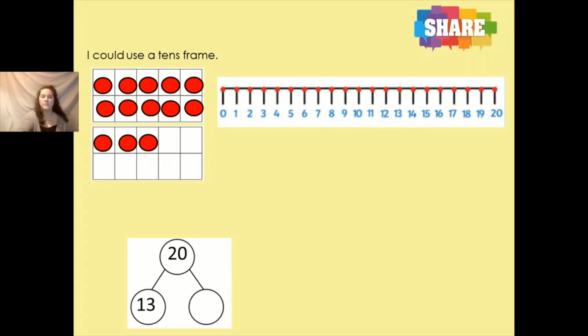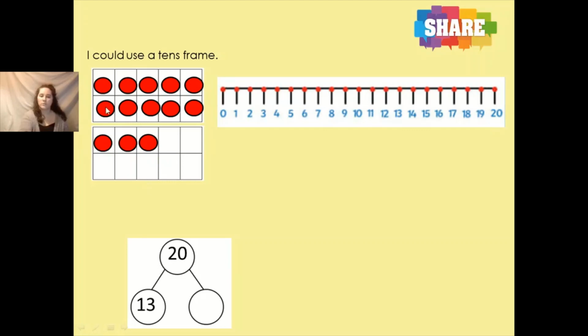Let's see the types of things that I thought we could use to find the answer. So I thought we could either use our tens frame or our number line. Let's start with using our tens frame. So can you see what I've done here? I've represented the amount of cars that we knew we had with my red counters. So I knew we had 13, I can see that down here.